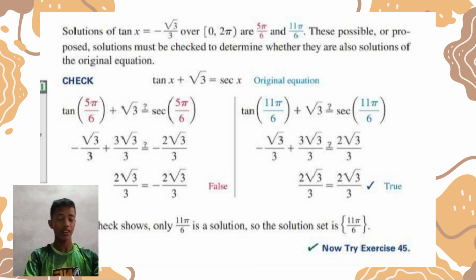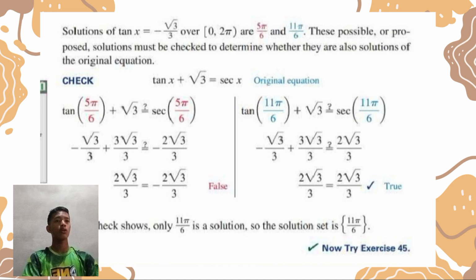So we have the checking here. We substitute the values of x, first 5 pi over 6, and then 11 pi over 6. So we have 5 pi over 6 first.